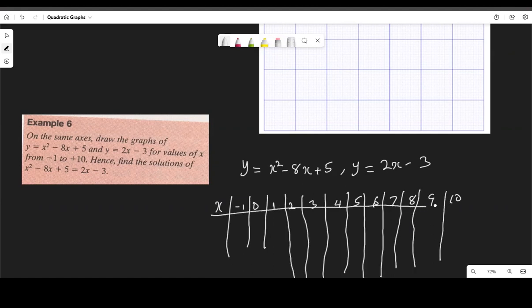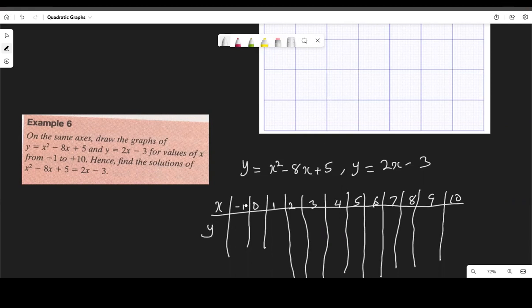Here I only need x and y to save our time. I'm not going to put the values of x squared and -8x, all of that. So let's go on to y right away.